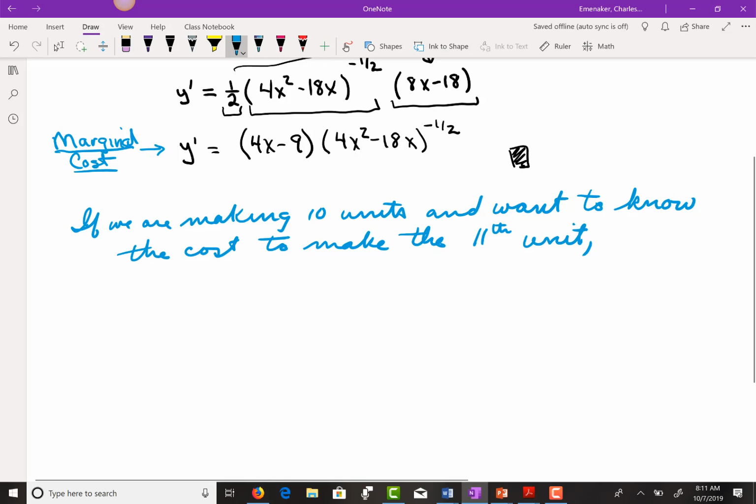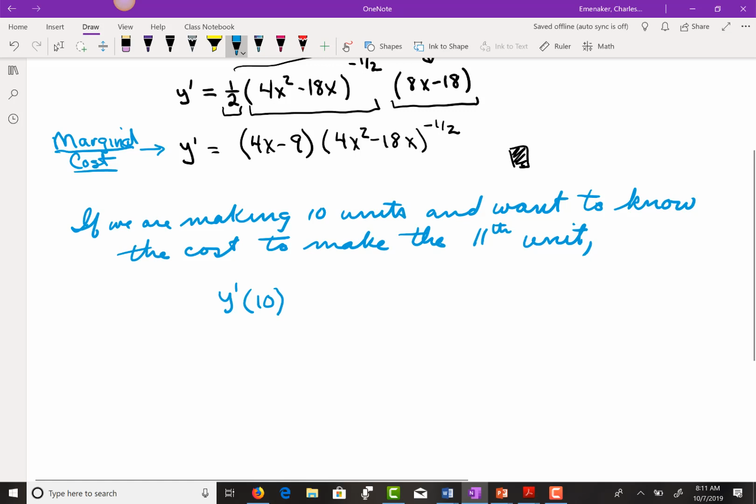There are a lot of costs involved with making an 11th truck. The extra materials, all kinds of stuff factor into making an 11th unit. But to make the 11th unit, be really careful. Watch what you do. You take the derivative and you don't evaluate it at 11, you evaluate it at 10.